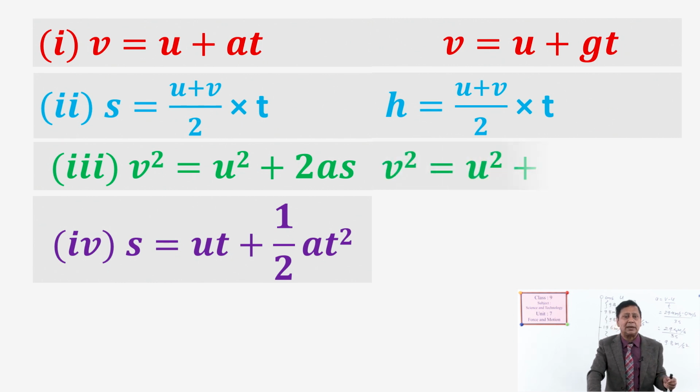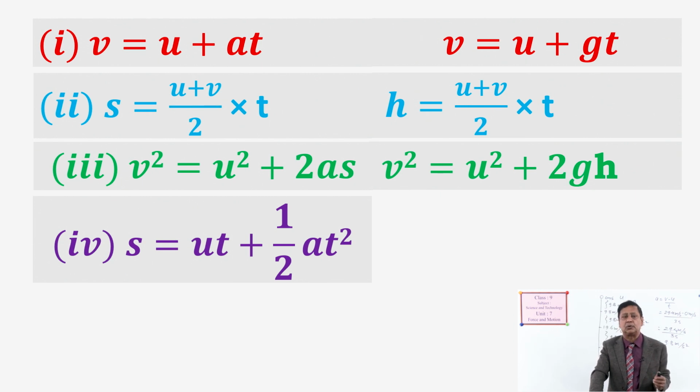Third, v square equal to u square plus 2as, and in place of this, v square equal to u square plus 2gs can be used. Here a is changed to g, s is changed to h because of the same reason. If a body is falling downward, then acceleration can be written g also, and the height from which it is dropped can be written as h.